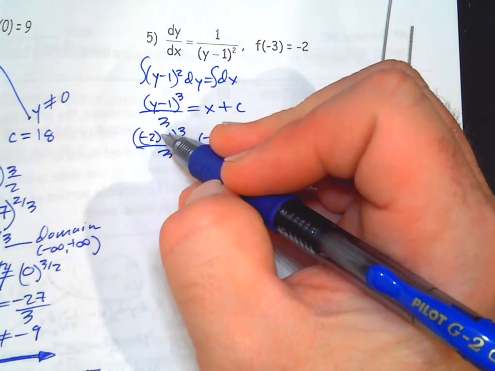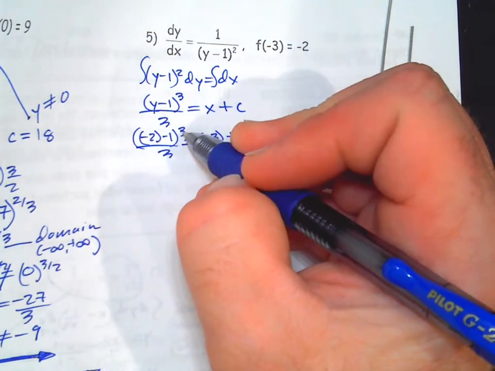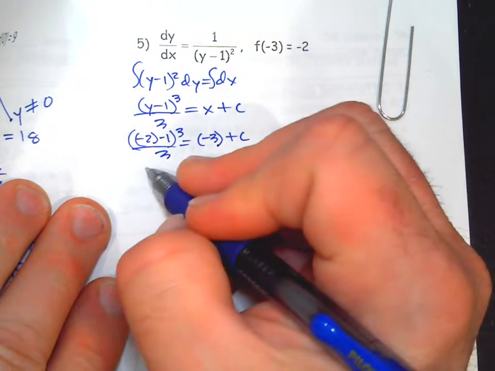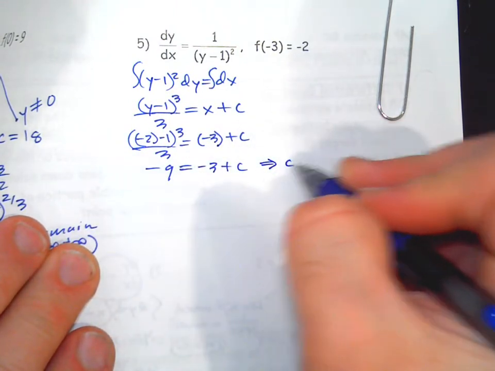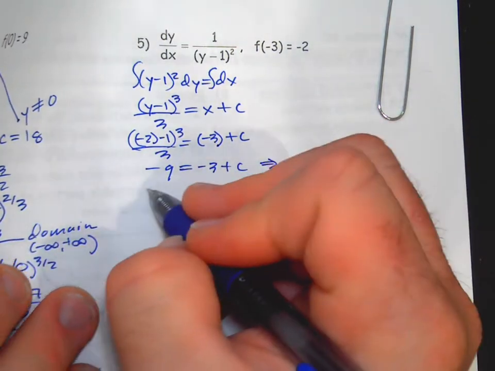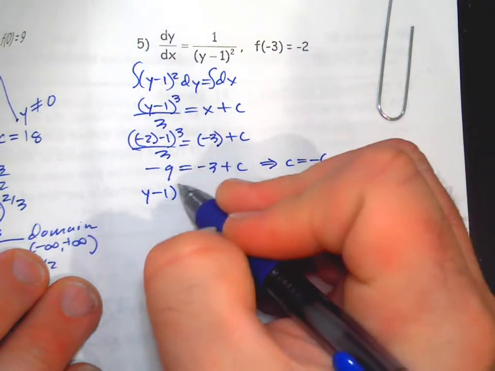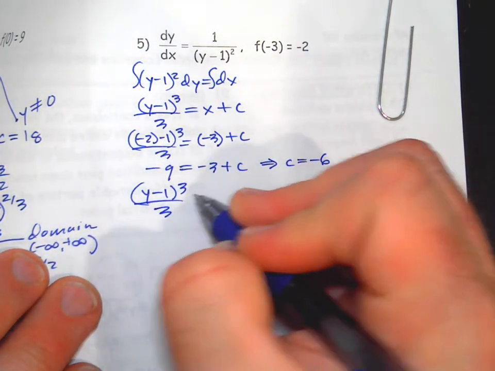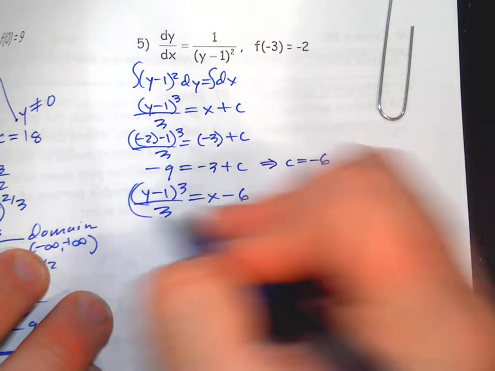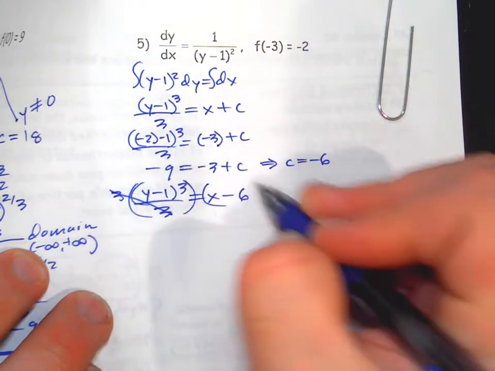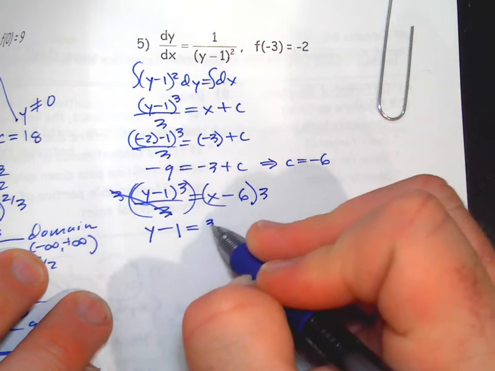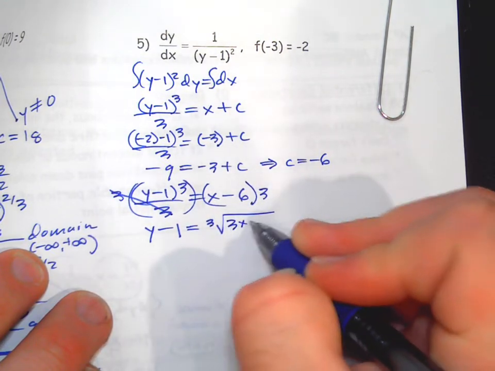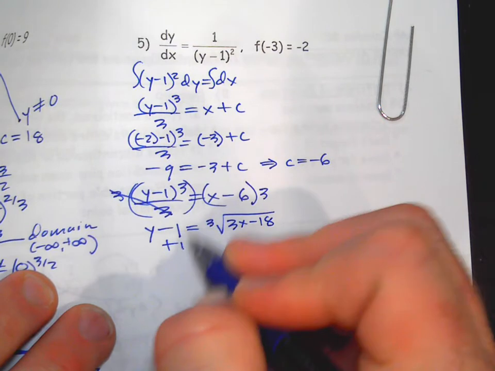So that's going to be -3 cubed is -27 over 3 is -9. So c equals -6. So y minus 3 cubed over 3 equals x minus 6. Multiply both sides by 3. I'm going to take the cube root of both sides. And then I'm going to add 1.